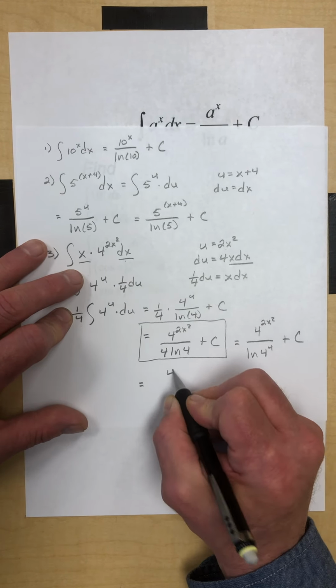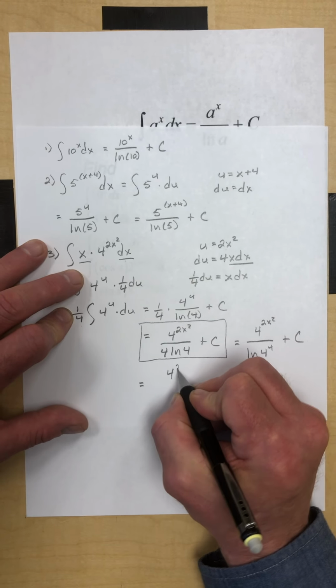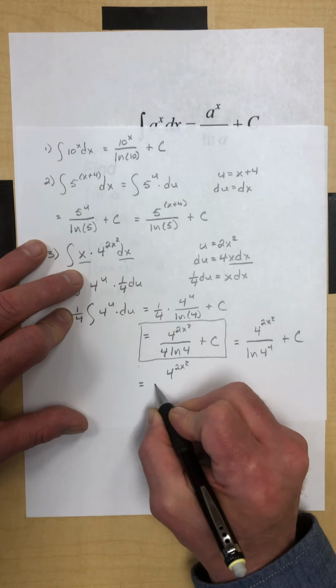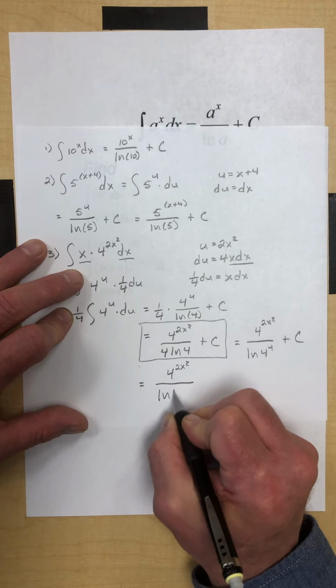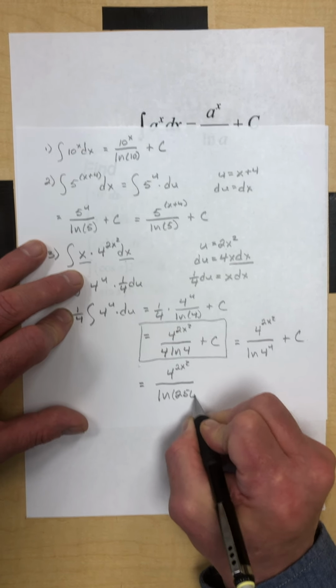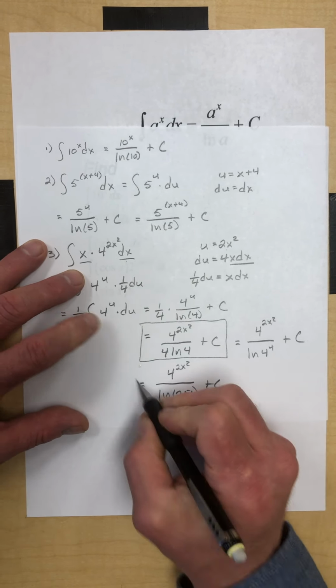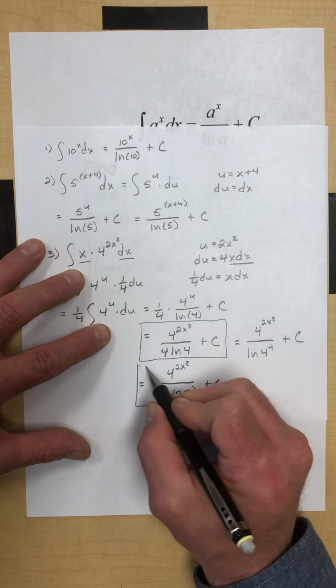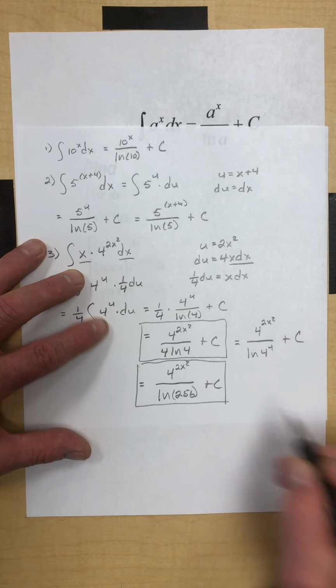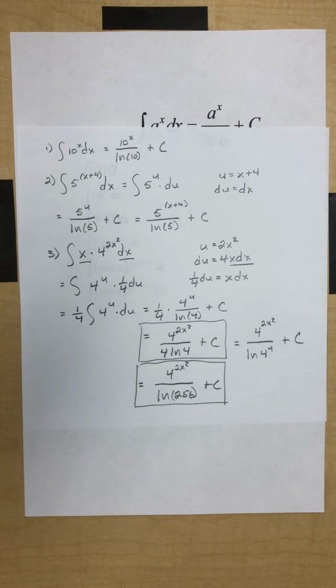So another acceptable form of the answer would be 4 to the 2x squared power all over the natural log of 256 plus c. We just have a different form. Both of them are 100% correct, so it's just a matter of which one you want to use.